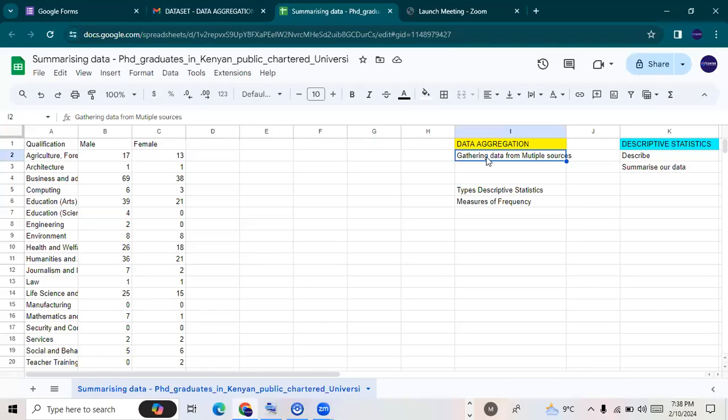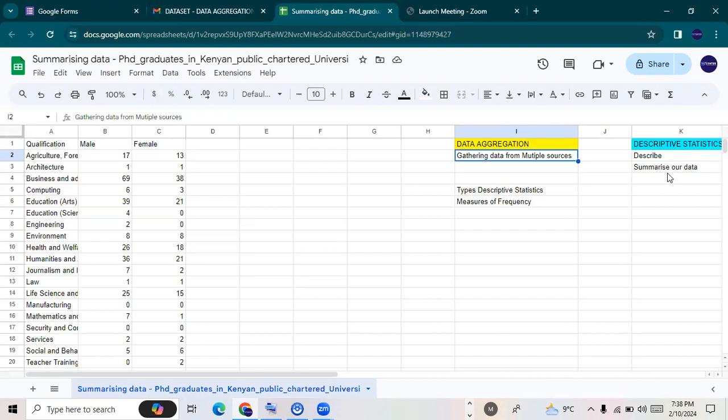So with data aggregation, we are looking at gathering data from multiple sources. And Kingsley also said the descriptive statistics is knowing how to describe and summarize your data.